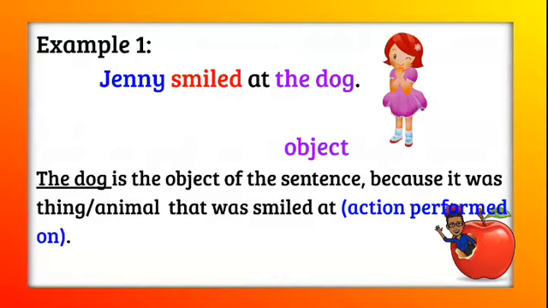So in our objects, the dog is the object of the sentence because it was the thing or the animal that was smiled at. So in other words, that's receiving the action. So the action performed on. So object here is the dog, object of the sentence.